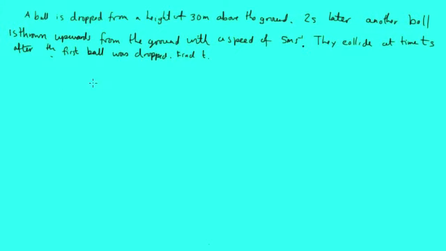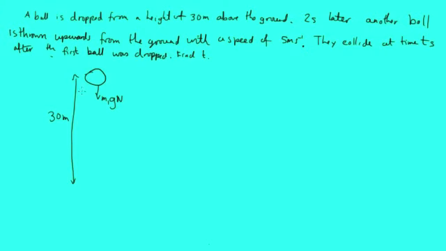what is happening. So let's draw our diagram. So you've got your first ball and it's dropped from a height of 30 meters. Okay, now it's got some unknown mass, and it's going to be falling with a force of m1 g newtons.